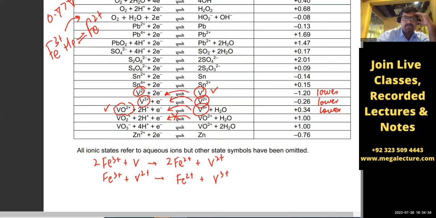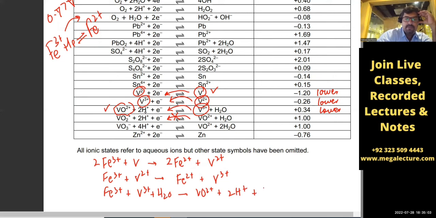Okay, then what happens? Then Fe3 plus is still the higher potential, it gains electrons. Vanadium 3 plus then loses electrons again. The electrons are already balanced, so it's going to be Fe3 plus and vanadium 3 plus plus H2O, and the product I got is VO2 with a charge of 2 plus and plus 2H plus 1 plus 2 electrons.